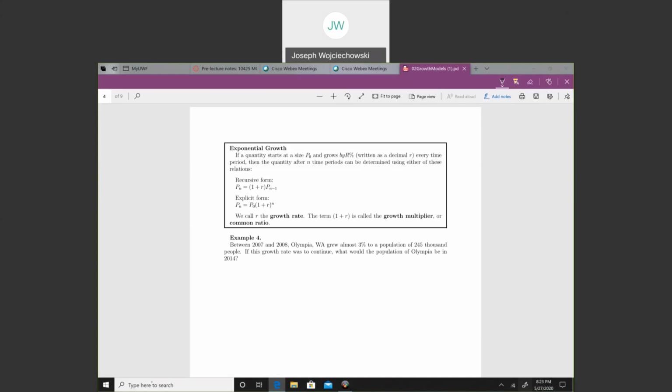So let's look at an example of this and see how this will work. In 2007 and 2008, Olympia, Washington grew almost 3% to a population of 245,000 people. If this growth rate was to continue, what would be the population of Olympia in 2014? So what do I know?